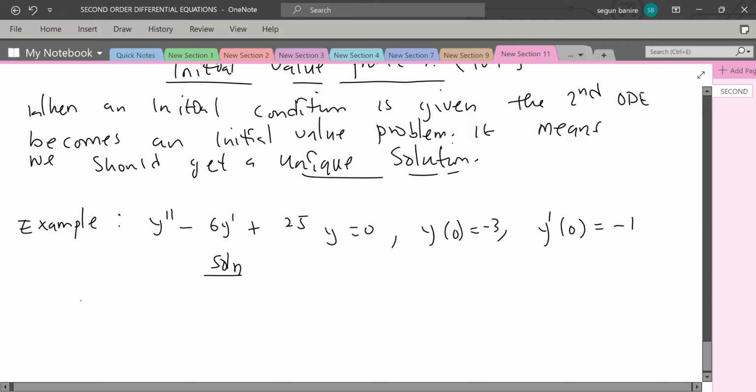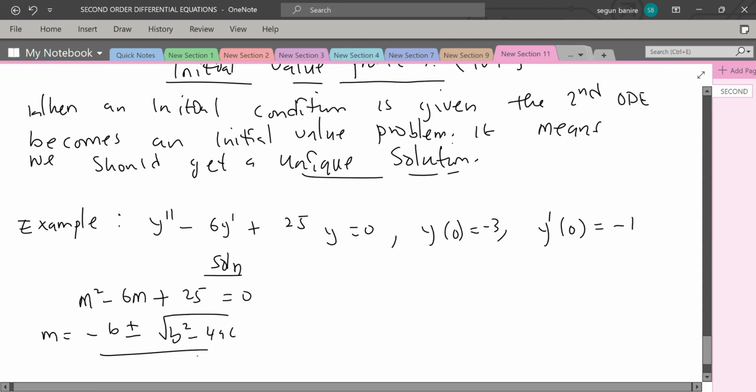So let's consider the auxiliary equation. We get m squared minus 6m plus 25 equals 0, and here too we have to use the formula method: minus b plus or minus the square root of b squared minus 4ac, over 2a. Our a is 1, our b is minus 6, and our c is 25.